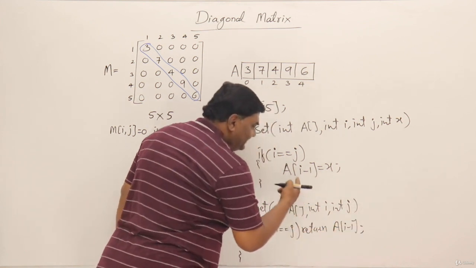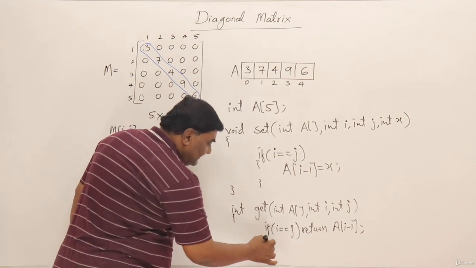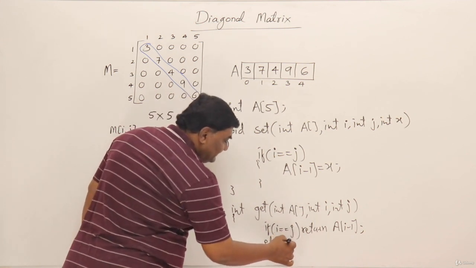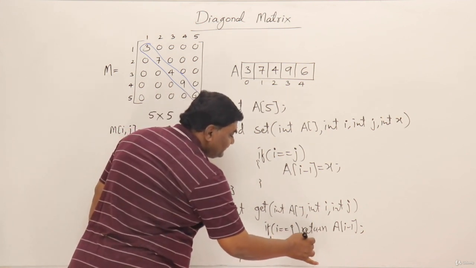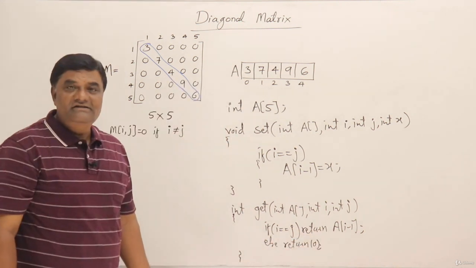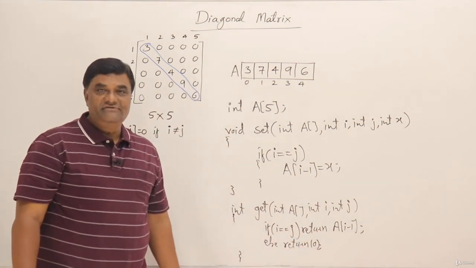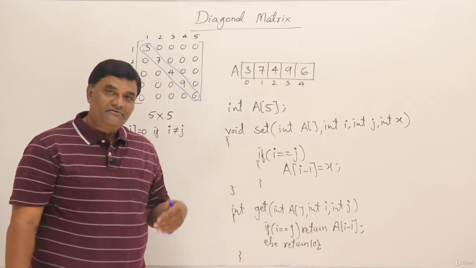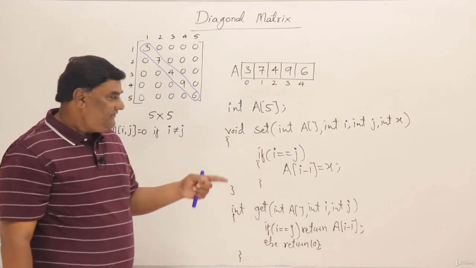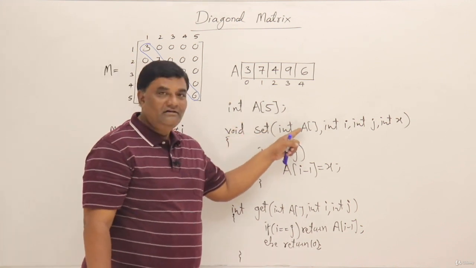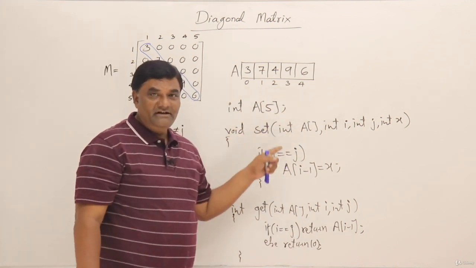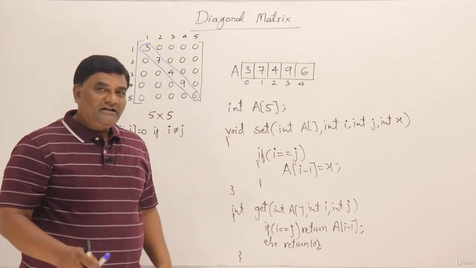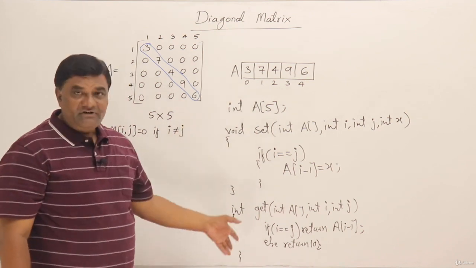So it is at the same place where I have stored it. Otherwise, if it is not equal, then definitely the element is 0, so return 0. These are the get and set functions we can write and call from our main function or from anywhere in the program. But we also have to pass the array in which the diagonal matrix is stored. While writing the program, I will write a complete program and show you.